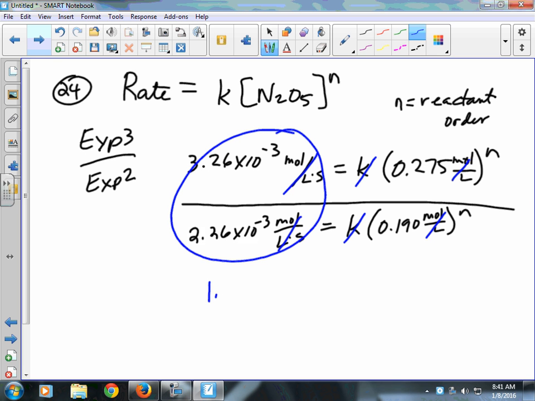Is that right? I just got 1.44. Okay, let me check it again. I'm going to hit it wrong. It should, because when you divide exponents, you subtract, right? So negative 3 minus negative 3 would be 0. So you're right, Sarah. I hit something wrong.